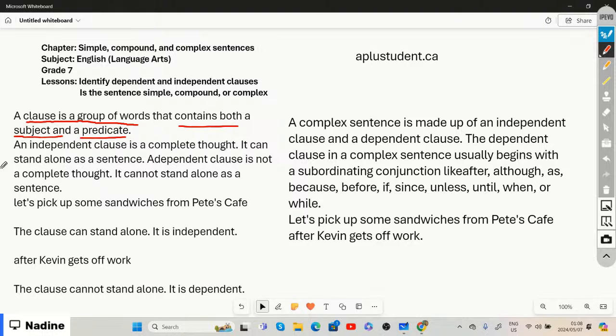So when we go to an independent clause first, an independent clause is a complete thought, and it can stand alone as a sentence.